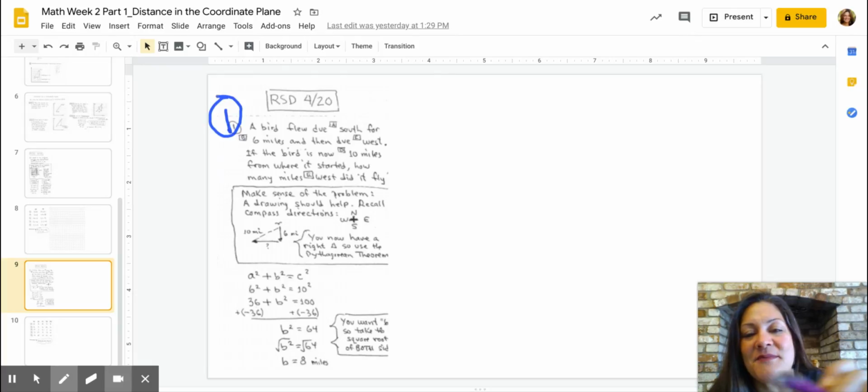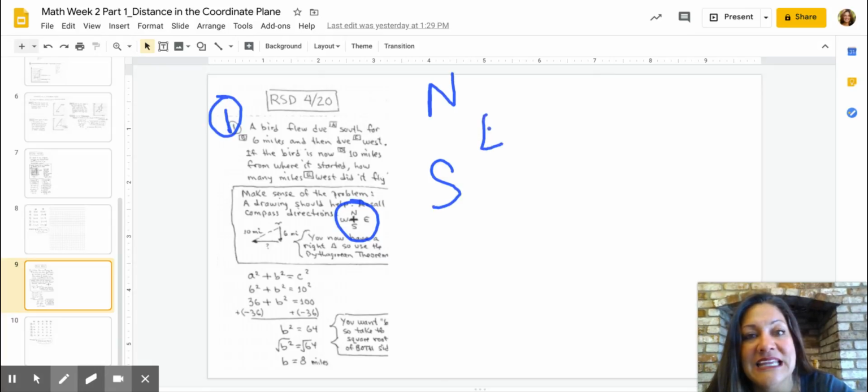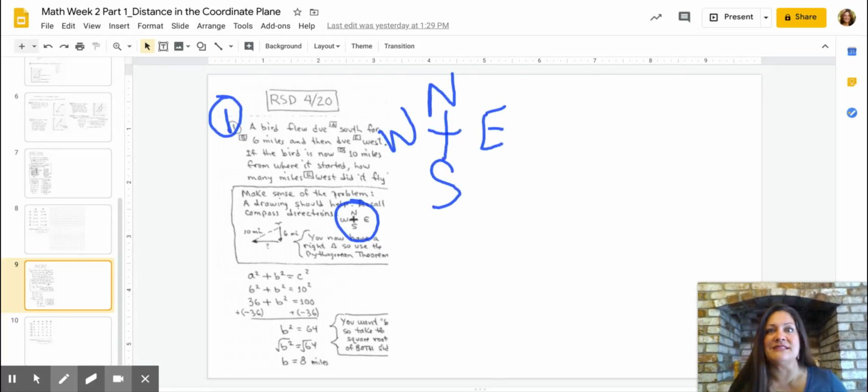So here is our compass rose right here. North, south, east, west. And being born and raised in Reading, I've always been able to know these because of the directions that I would travel.